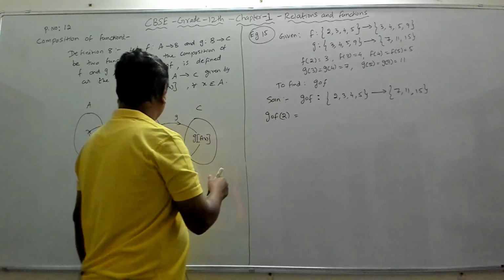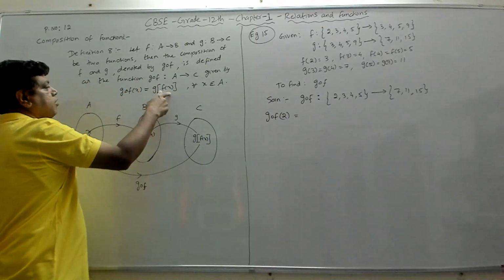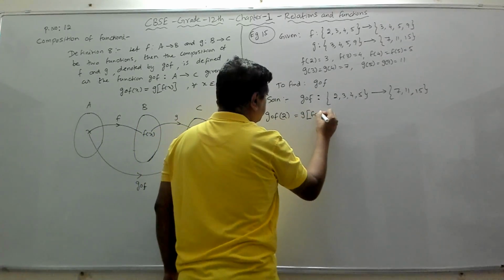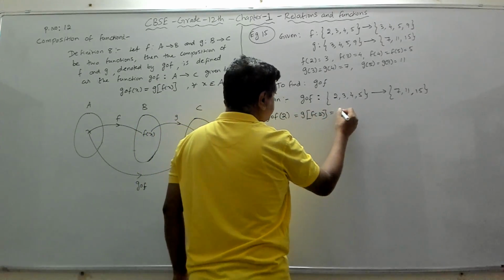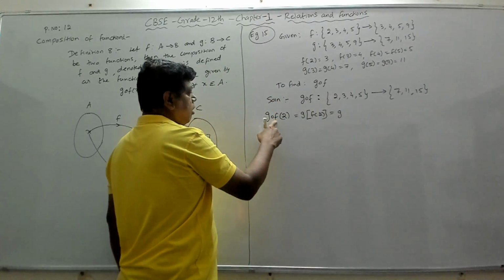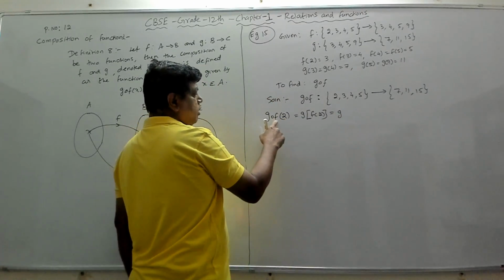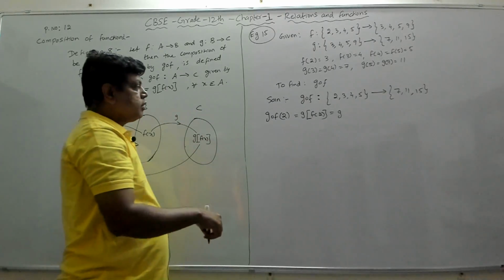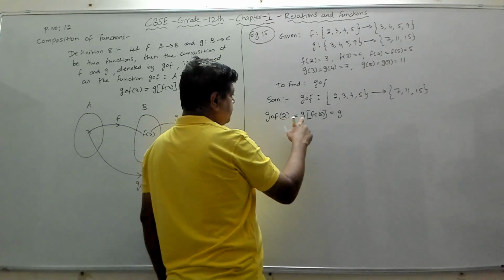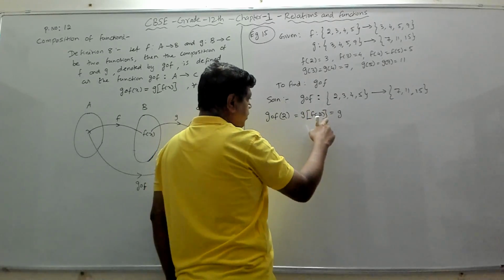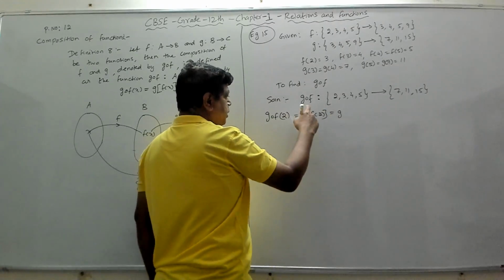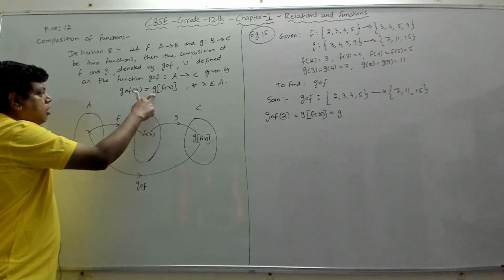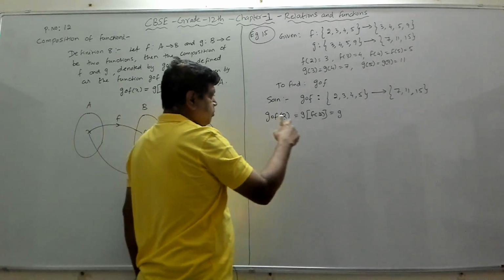As per the definition, g of f of x is g of f of x. We write it as g o f, which means g of f. So g o f of 2 is g of f of 2, replacing the o with the bracket, because that is the definition.